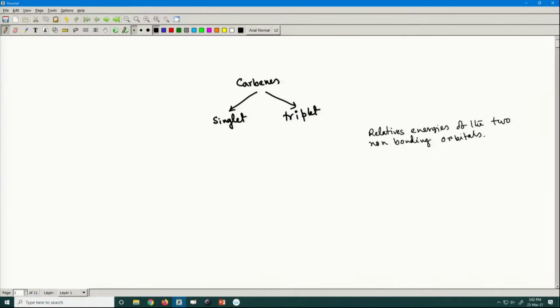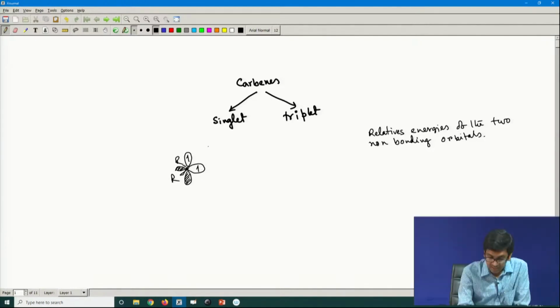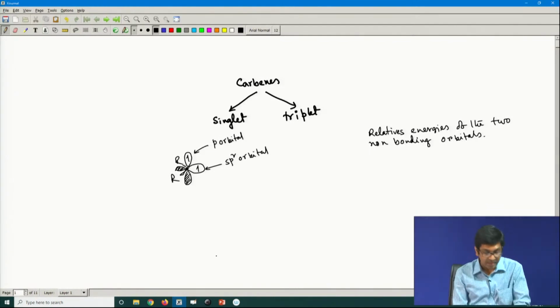Now, if we see the triplet state, this is the p orbital and this is the sp2 orbital, and the electrons are in parallel spin and in different orbitals.